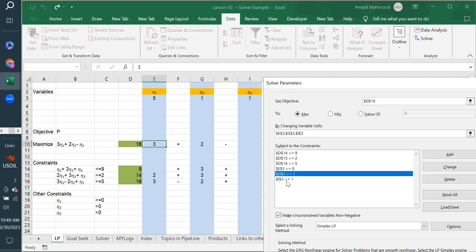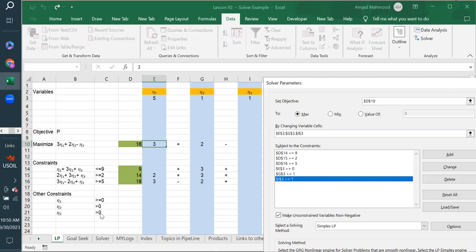And N2 is greater than 0, that is greater than or equal to 1. That makes the same sense, right? Because when you add it, it will be greater than 0. So 0 is excluded. Anything higher than 0, that is greater than or equal to 1. Same thing for I3, greater than or equal to 1.